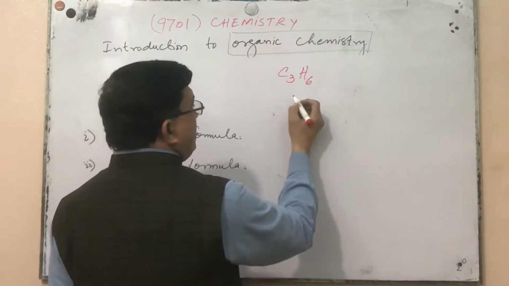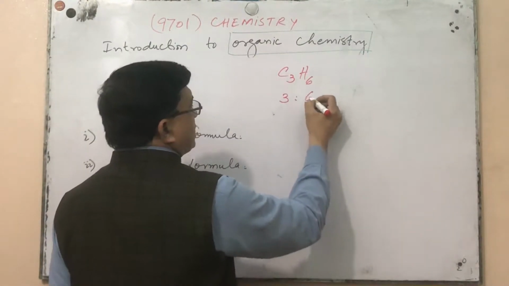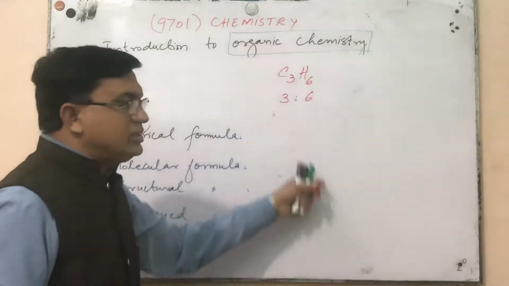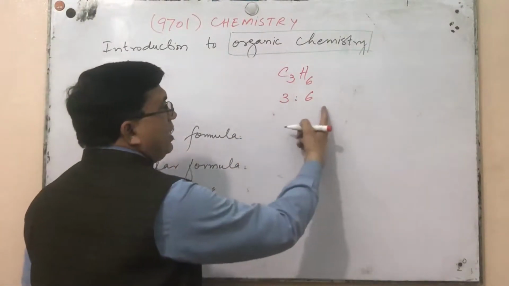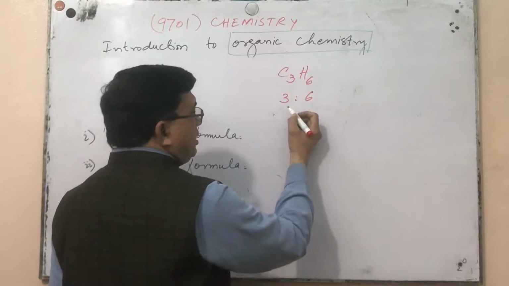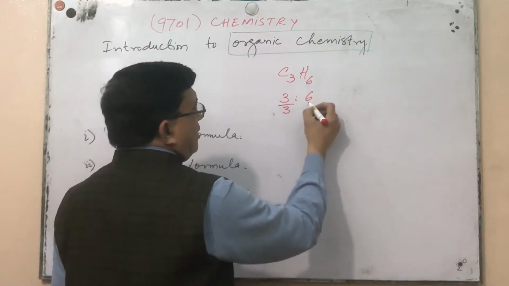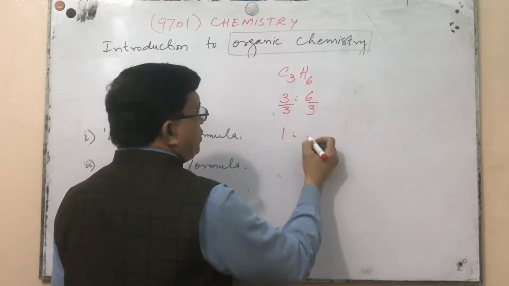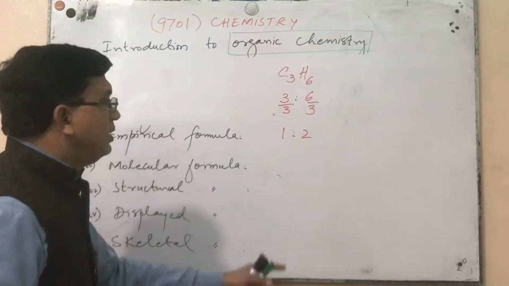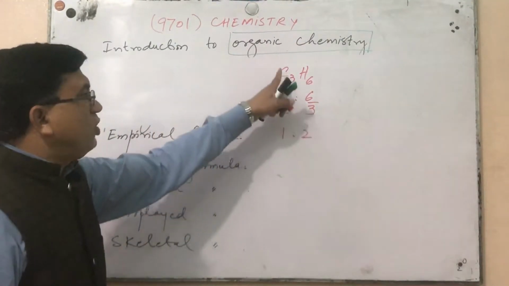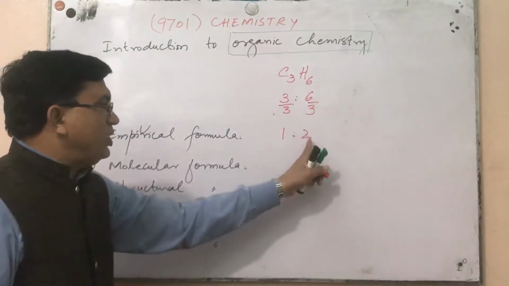Now, the ratio between atoms is 3:6, and this can be simplified by dividing both digits by 3, giving 1:2. It means that the simplest ratio of carbon and hydrogen is 1:2.